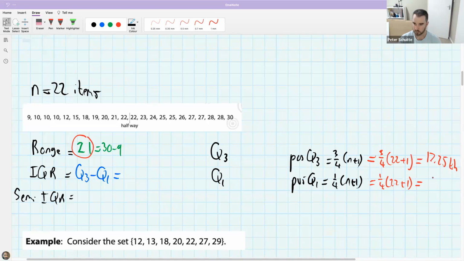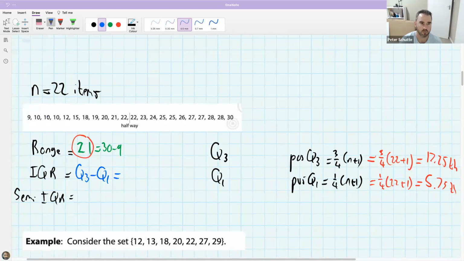Yes, please. Cool. So 70.25th, and then what is the other one going to be? Okay, 5.75 position. And let's find those.